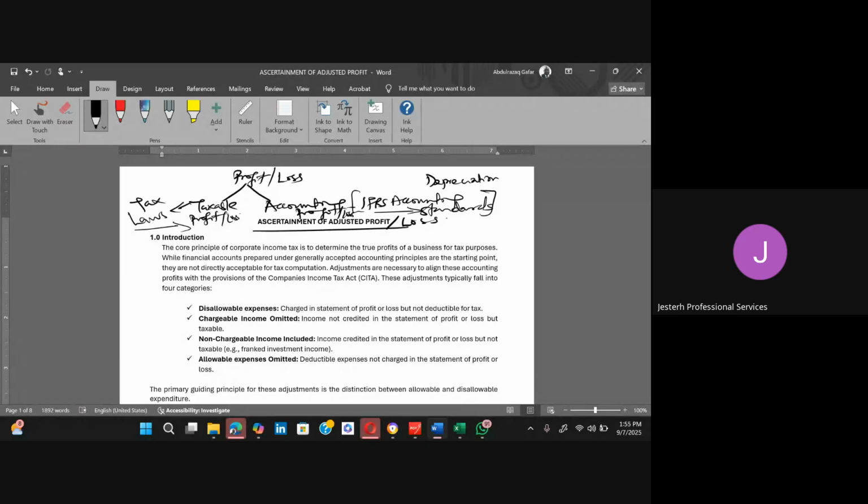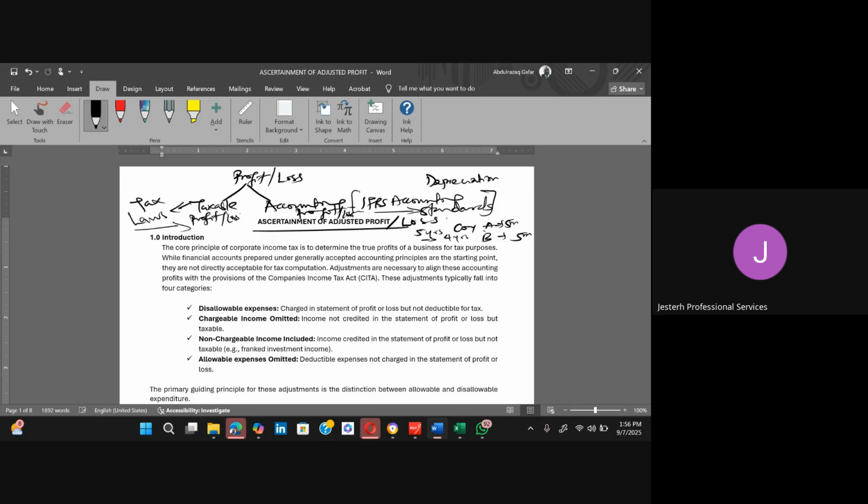So because of this, if company A has a motor vehicle that's worth 5 million naira, and company B also has a motor vehicle that costs 5 million naira, company A may decide that the useful life of this motor vehicle is, let's say, 5 years, while company B may decide that the useful life of its own motor vehicle could be 4 years.